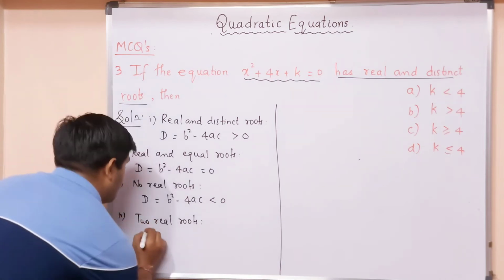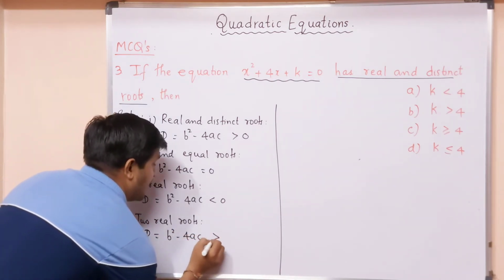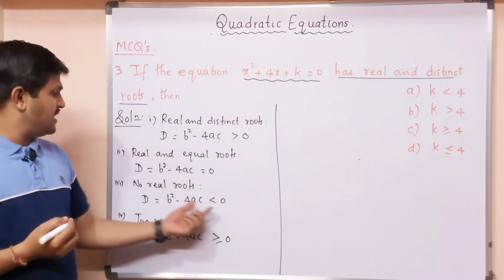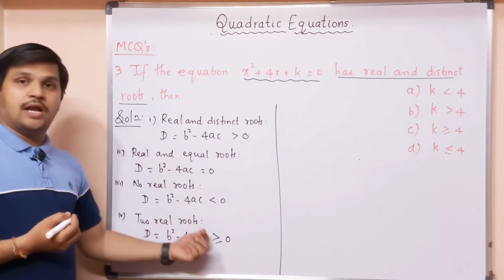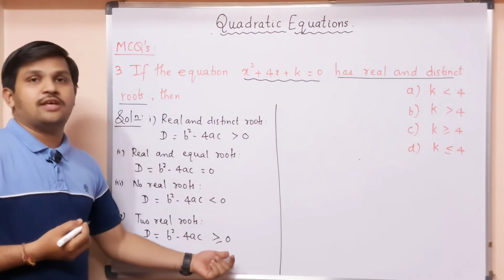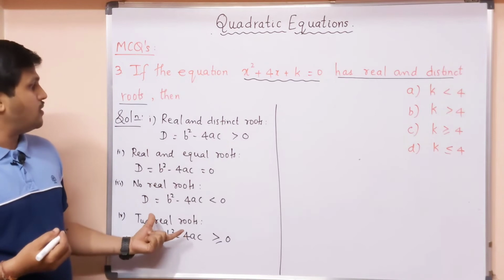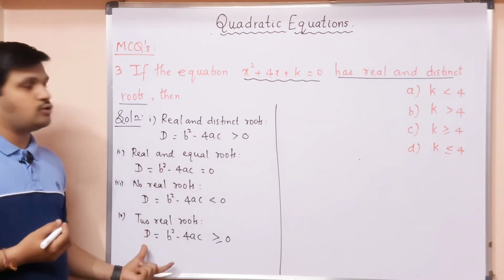In that case, the discriminant b square minus 4ac is greater than or equal to 0. For less than, anyway there are no real roots, so no need to write that. So note down these important points. If you have not written, if you have not understood, I think you can now clearly understand this.